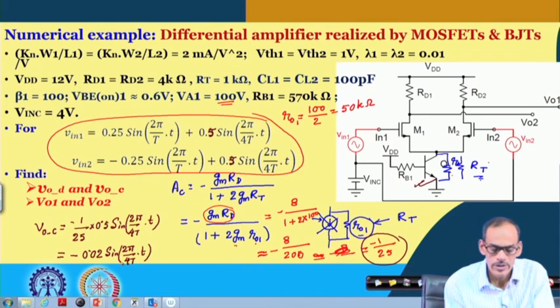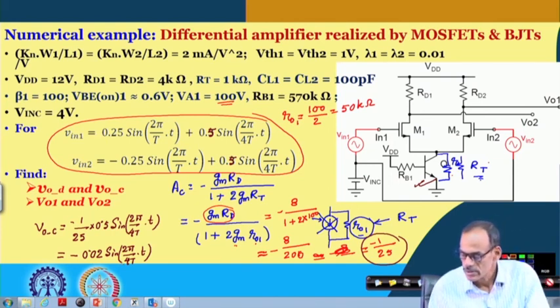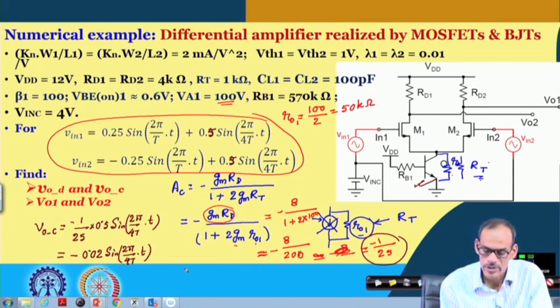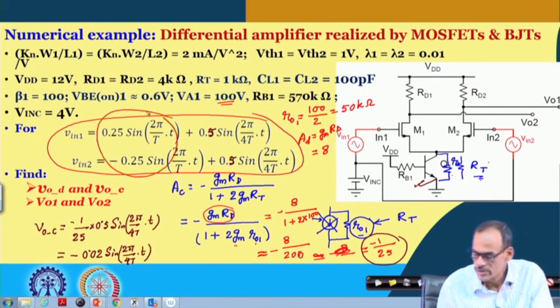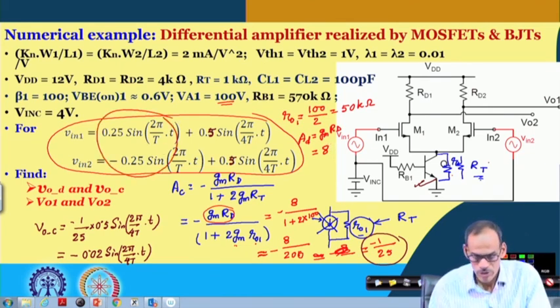On the other hand, the differential part, since the differential mode gain is remaining 8, so AD equals gm into RD. So, that remains 8. So, this differential part, on the other hand, remains the same as what we have seen, it is 4 volt.